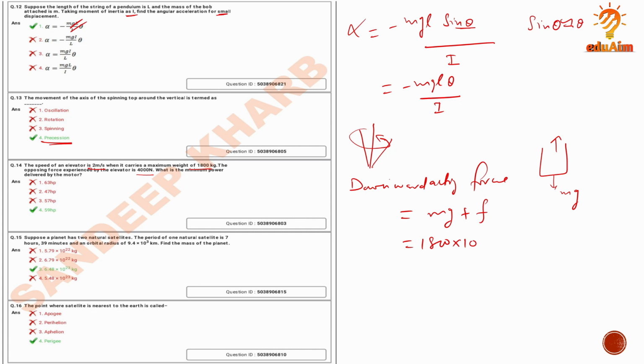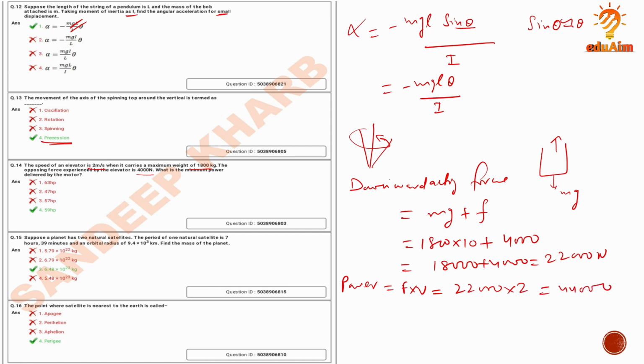If we take g as 10, and the force of friction is given as 4000 newtons, total it comes out to be 18,000 plus 4,000 is 22,000 newtons, and the power is F into V. The force is 22,000 into V. The speed is 2 meters per second. It is 44,000. If we change it into horsepower, we divide it by 746. Then it comes out to be 59 horsepower.